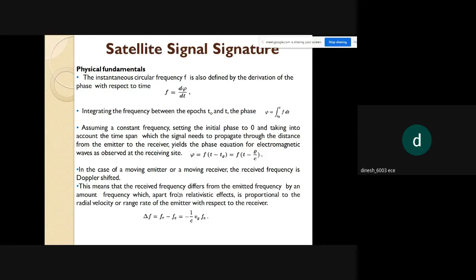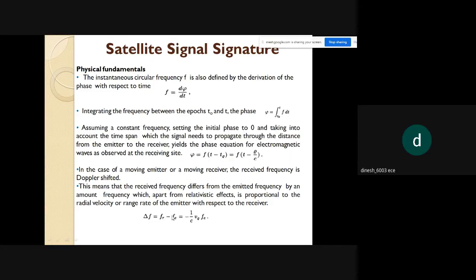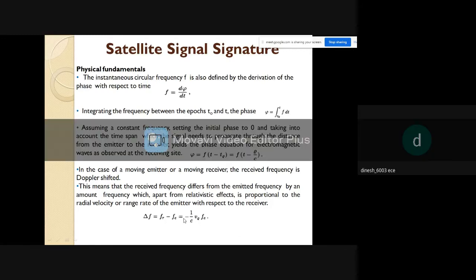We need to find these relativistic effects, which are proportional to the radial velocity or the range rate of the source with respect to the receiver. So we can find it as Δf Doppler shifted = fr − fe, where fr is the frequency of the receiver and fe is the frequency of your emitter, which is equal to −(1/c) v fe.